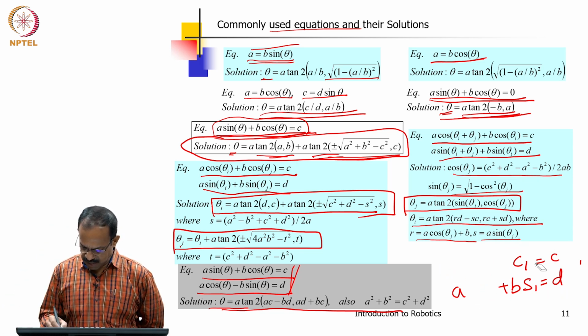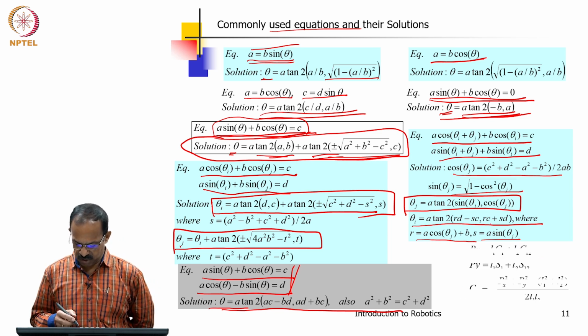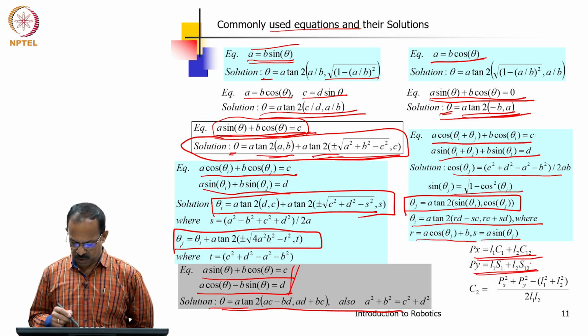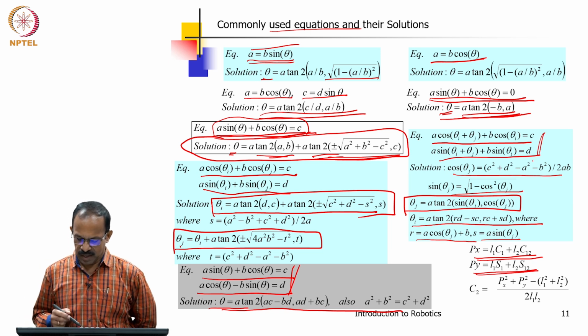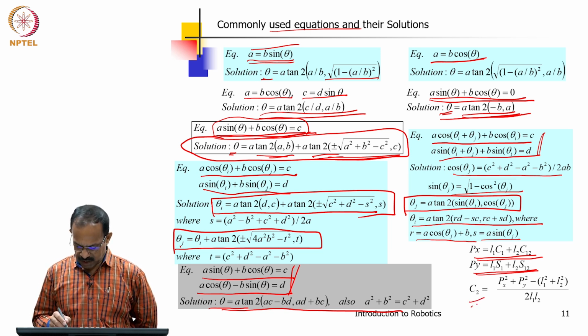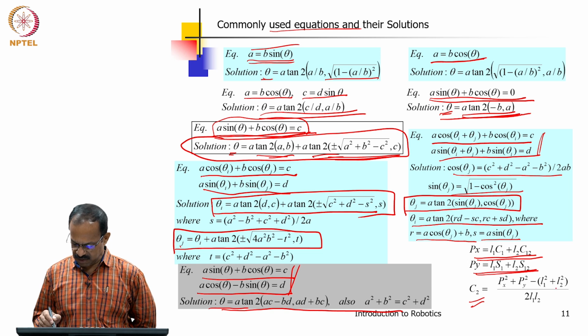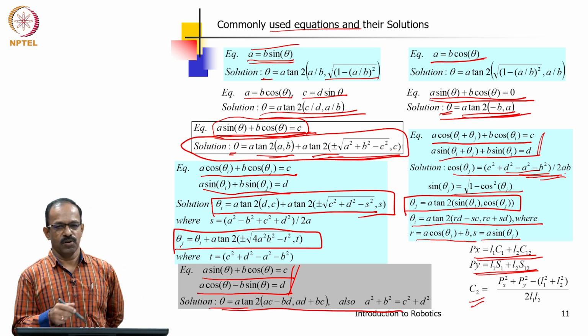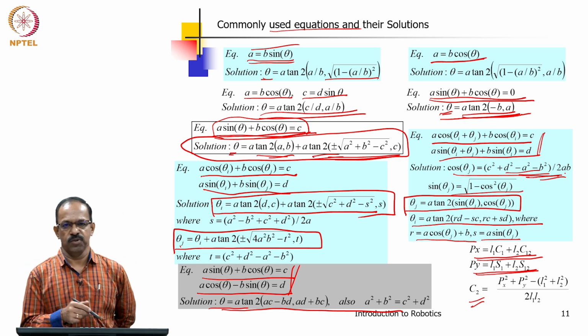In the previous example we solved it and got the same result you are seeing here: Px is L1 C1 plus L2 C12 and Py is L1 S1 plus L2 S12. It is the same format. Then we saw that C2 is Px square plus Py square minus L1 square plus L2 square by 2 L1 L2, which is the same as this, and the same way we solved for S2 also by substitution.